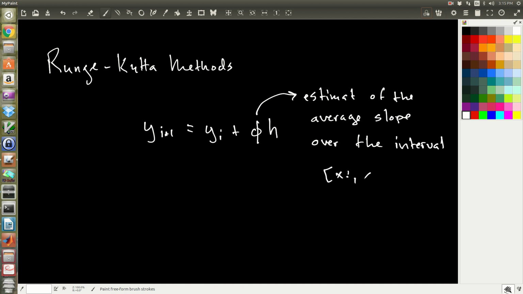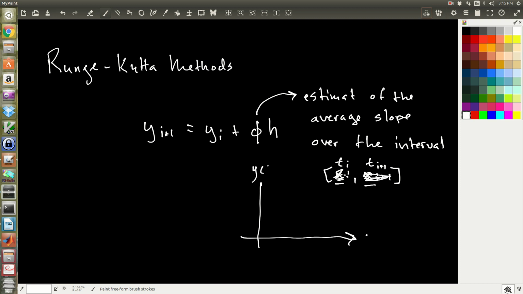From x_i to x_i plus 1. So just a picture so you can picture that. Sorry, I guess these really should be t's, because I need to keep my notation consistent, so just cross these out, and this is really t_i, and this is t_i plus 1, that's the interval.